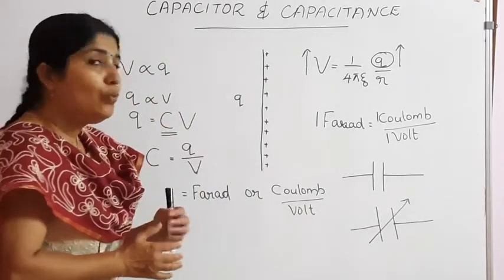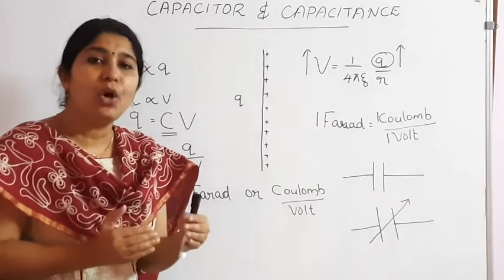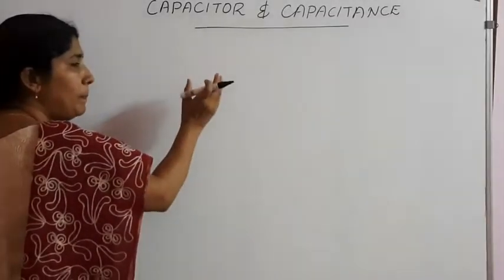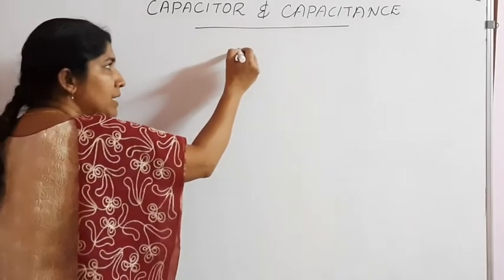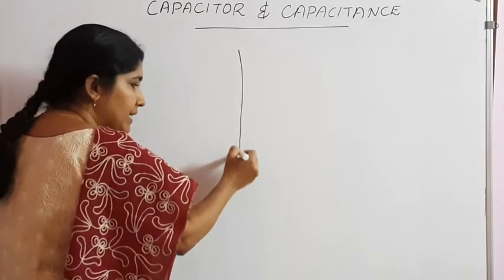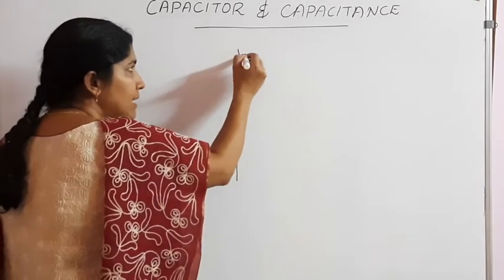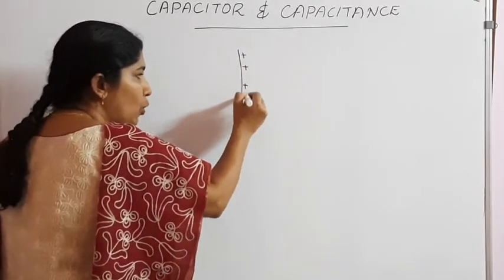Now we move on to the principle of capacitor. To explain the principle of capacitor, we consider a conductor or a plate. To this plate, a charge Q is given and that charge is uniformly distributed on its surface.